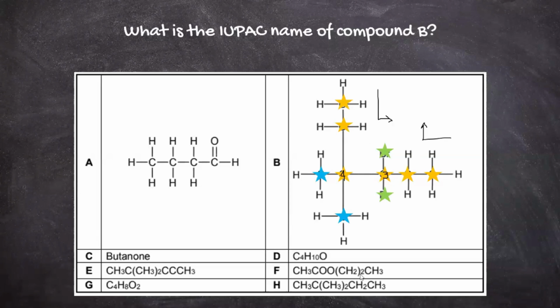And 4,4-dimethyl, again, there's 2 of them, they're both on carbon 4, hexane, because this is a carbon chain that only has single bonds, and there are 6 carbons in that chain, hence hexane.